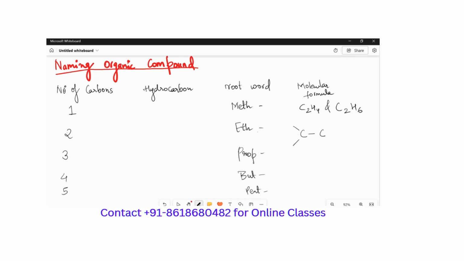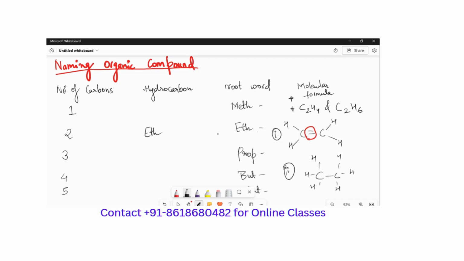So if you write this, it will be like this, right? And this is the first example. And the second example, that is C2H6, with the carbons and hydrogens 1, 2, 3, 4, 5, 6. Now, on the basis of the molecular formula, you will be able to judge whether you have a single bond or double bond. If you see over here, you have a double bond, right? So for writing the name, you have to use the root word.